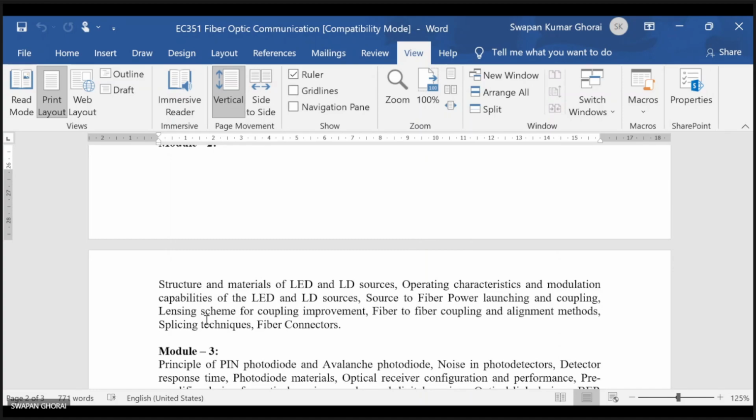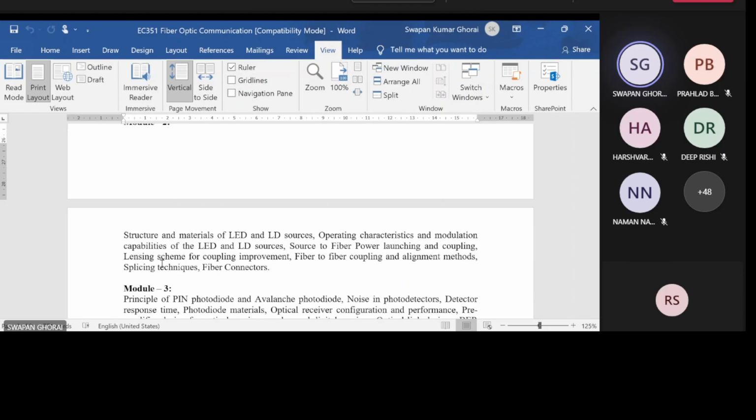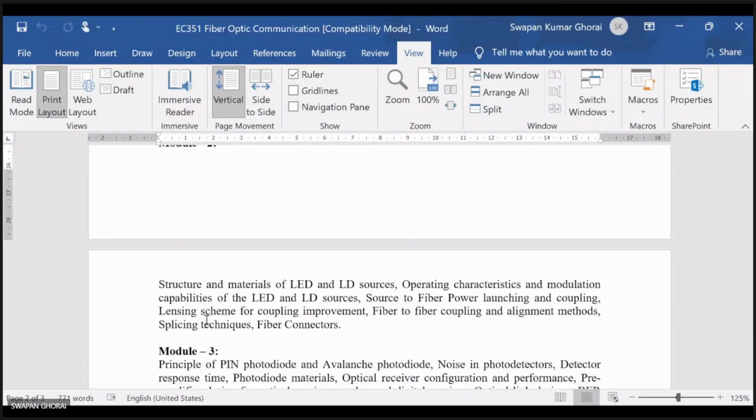For that, splice machines are used. That will be based on arc discharge, fusion technique, or can be mechanical techniques or some elastic tube technique. There are different techniques for connecting two fibers together. A group of fibers can also be connected.